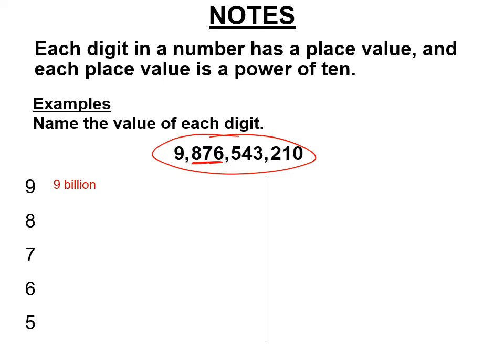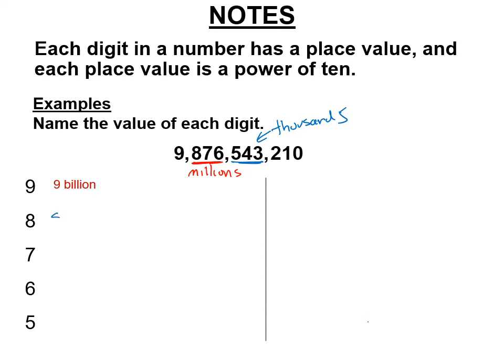9,876,000,000. So these are the millions, okay? 543,000. So this section there are the thousands, okay? 210. So 9,876,543,210. So we just said it, 9,876,000,000.